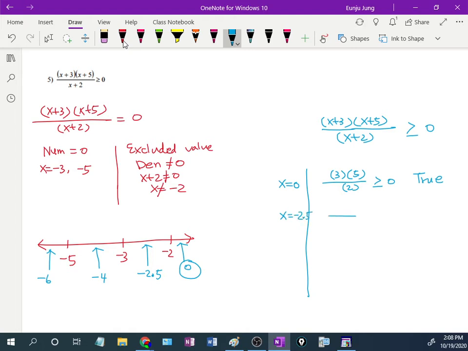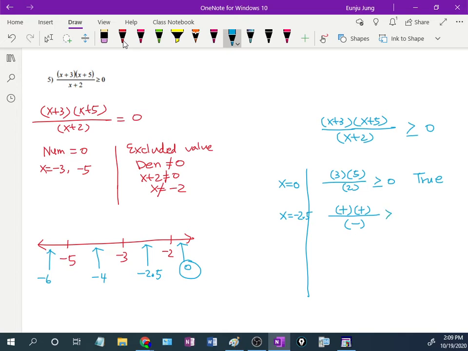Next one, I'm going to plug in -2.5. -2.5 plus 3 is positive. Next, -2.5 plus 5 is also positive. For the denominator, -2.5 plus 2 is going to be negative, right? So what will be the sign for this?